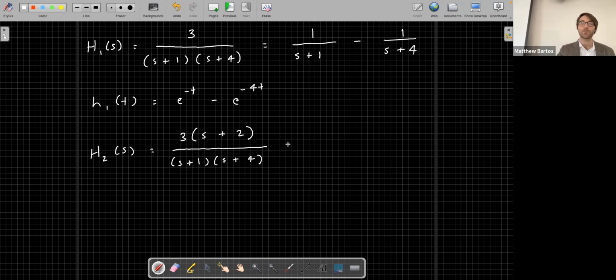Okay, so it turns out if you do partial fractional expansion, I'm not going to do it here, you will get a separated transfer function of the form 1 over s plus 1 plus 2 over s plus 4. Your corresponding impulse response will be e to the negative t plus 2e to the negative 4t.